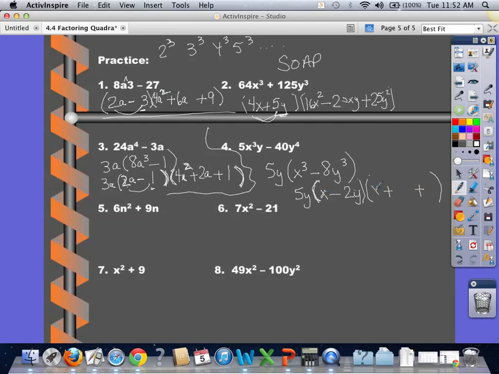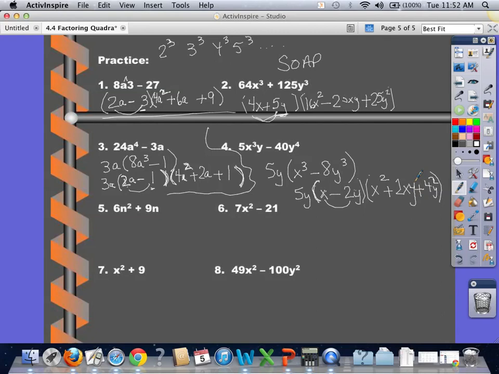Square the first term, square the last term. And then multiply these two together, so it's 2xy. Okay? Sorry, my pen is acting like crazy.